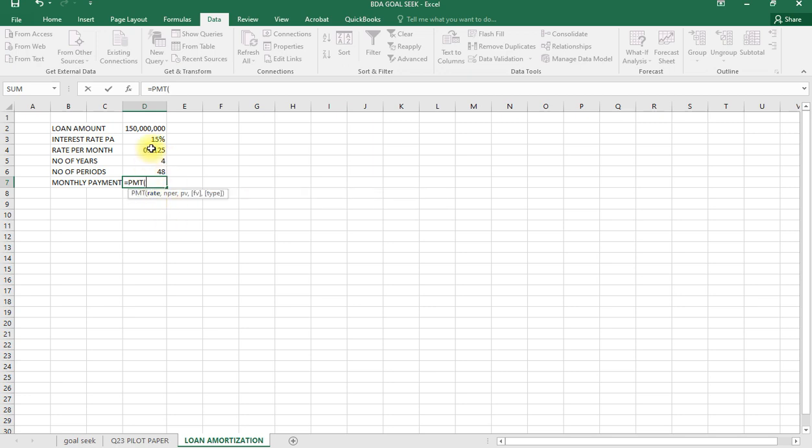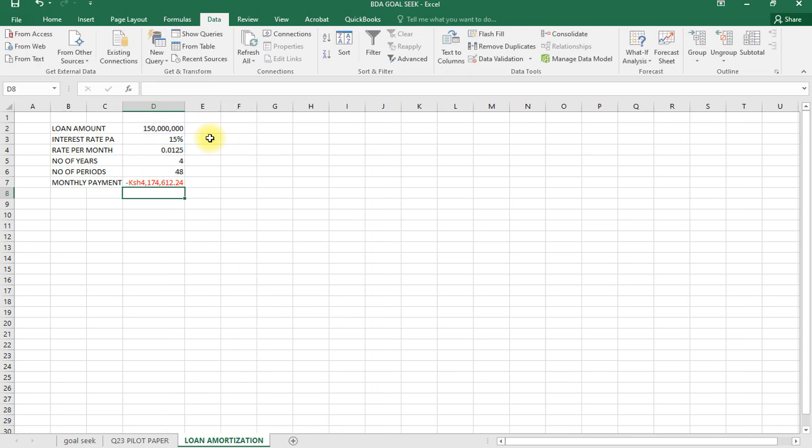We need the rate per month because we are paying per month. I put a comma. Then number of periods, we are having 48 periods, I put a comma. Then our present value, that is the loan amount that we are having, 150 million, and I will close the bracket and enter, and automatically it will give us that value.